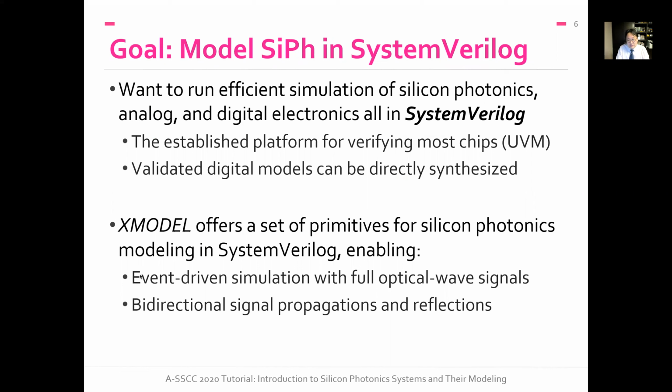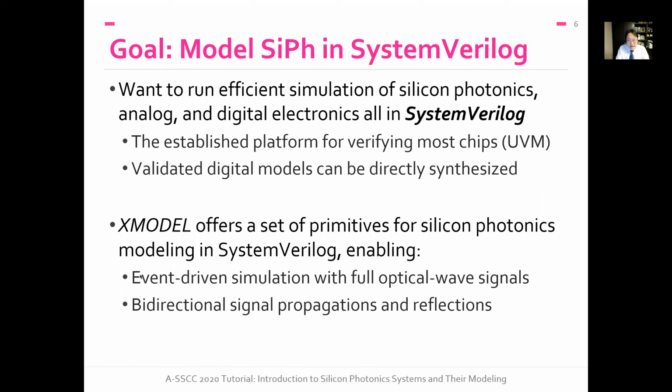Of course, I'm talking about the digital chips, which take the majority of the chips that we're building today. And the advantage is that after the verification, you can take the digital models and synthesize them. That's the way we build digital chips today, right?